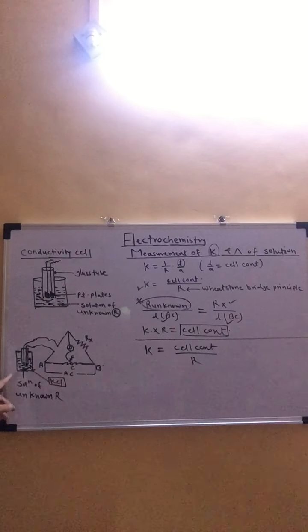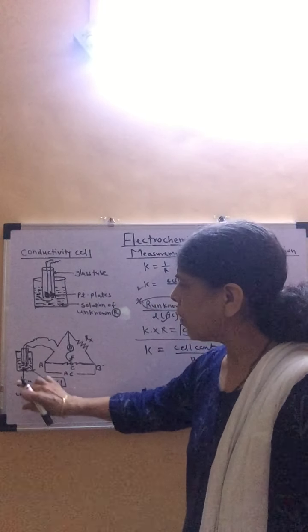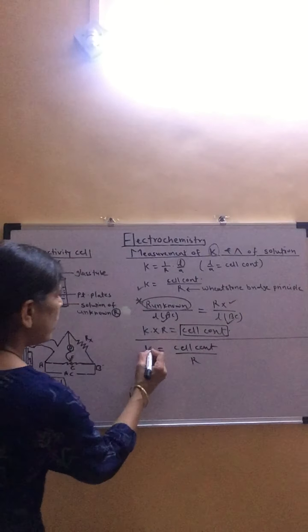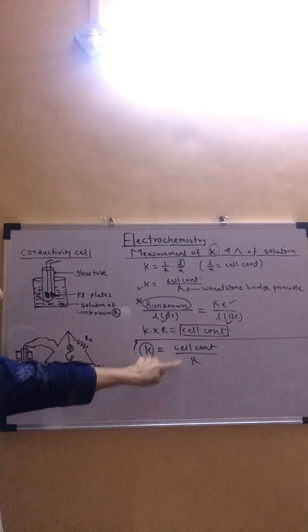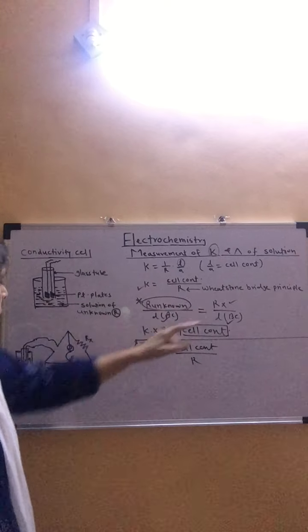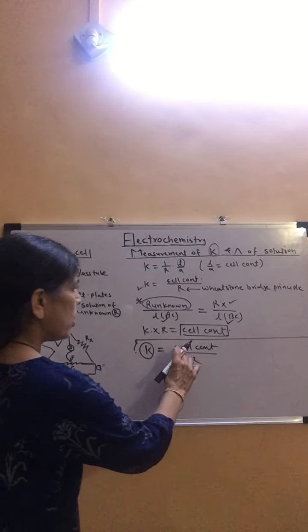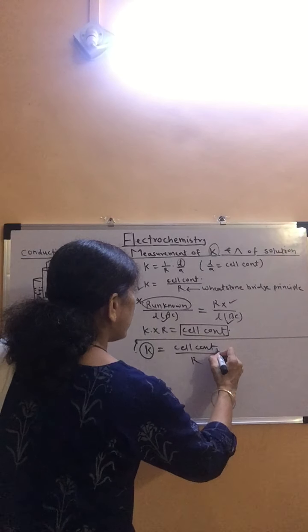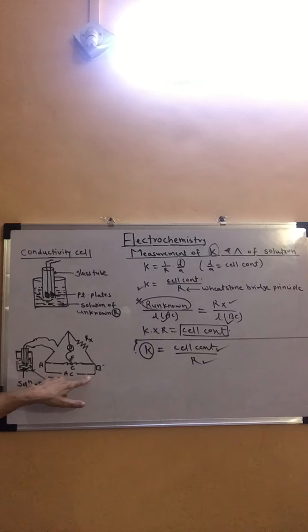For example, if you want to determine the conductivity of AgNO3 solution, the KCl solution is removed and the cell is filled with AgNO3. The cell constant is already determined, and since we are replacing only the solution and the cell is the same, the cell constant is the same. So you can substitute the cell constant, and determine the resistance for this solution using the Wheatstone bridge principle.